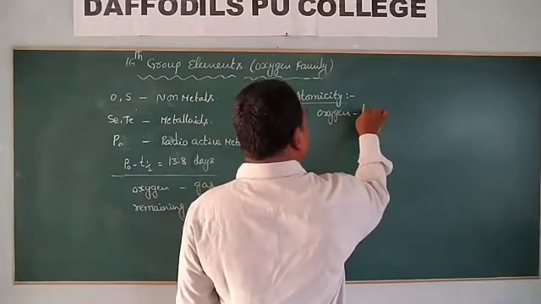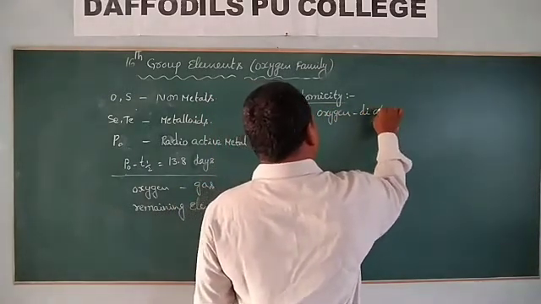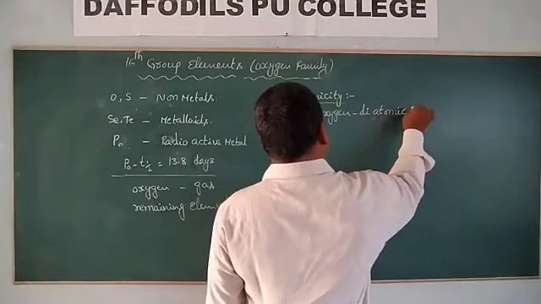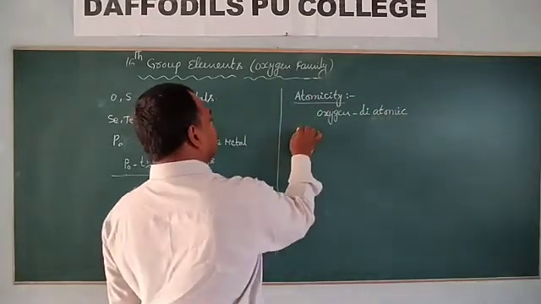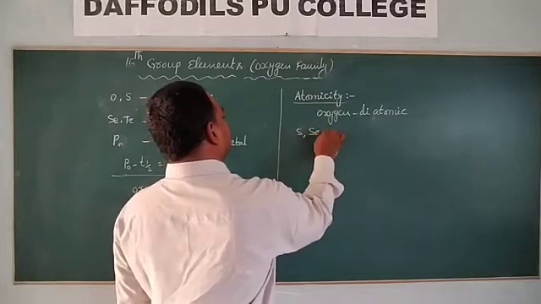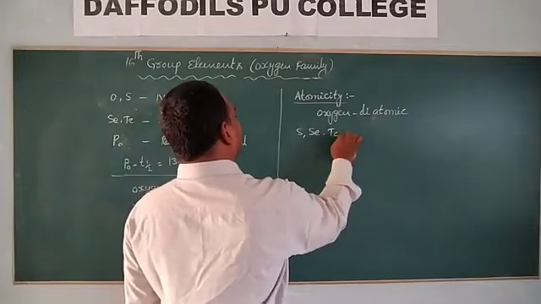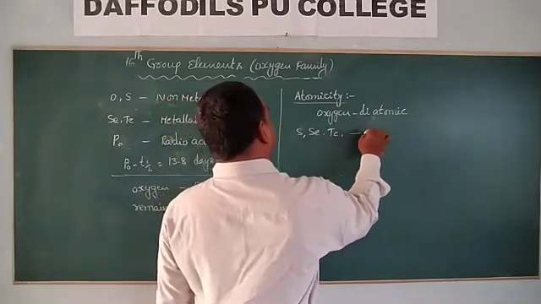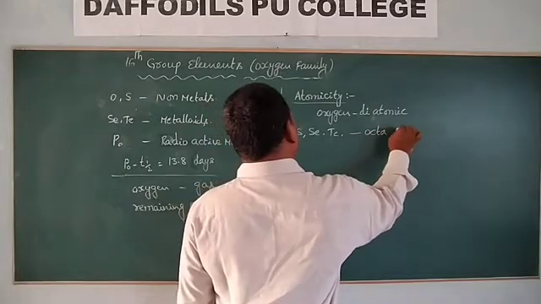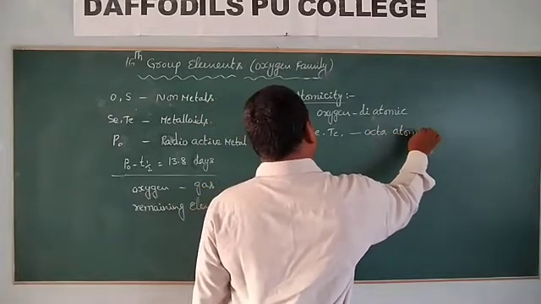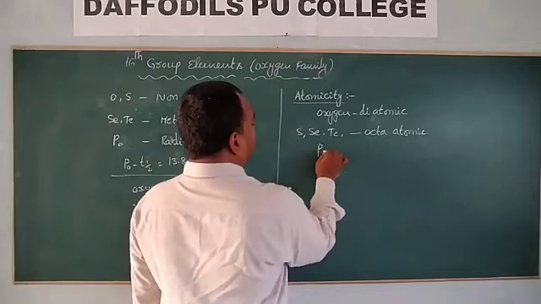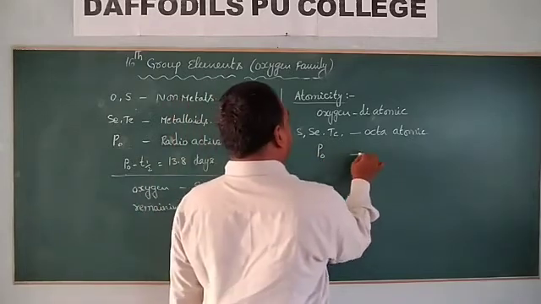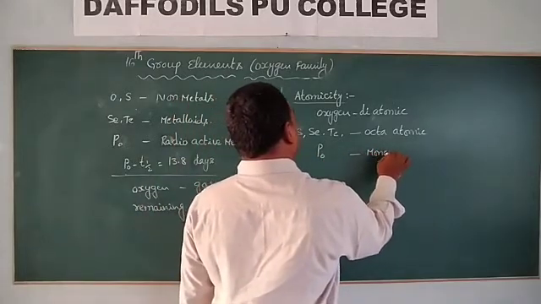Oxygen is diatomic. Sulfur, selenium, tellurium, these are octaatomic. Polonium is monoatomic.